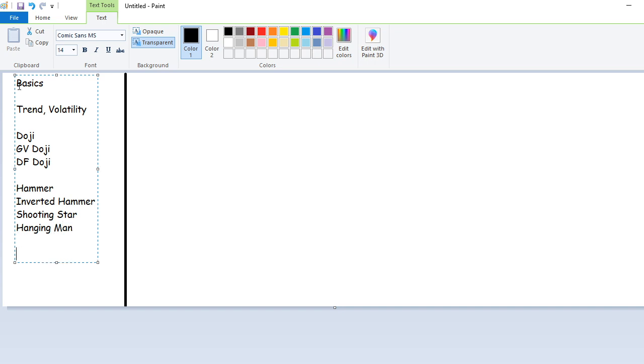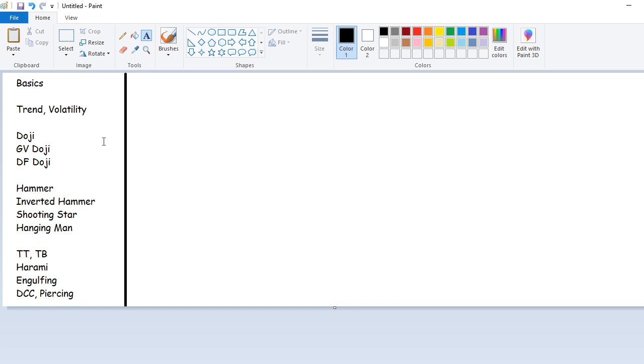The same way, two-candlestick reversals like tweezer tops and tweezer bottoms, haramis, engulfing patterns like bullish engulfing and bearish engulfing, and dark cloud cover and piercing. This is what we studied till now.